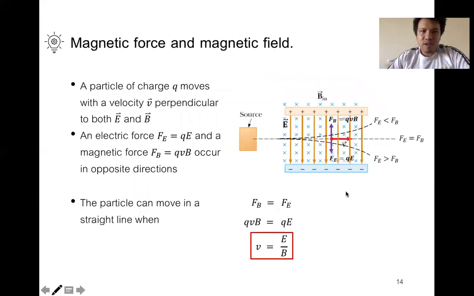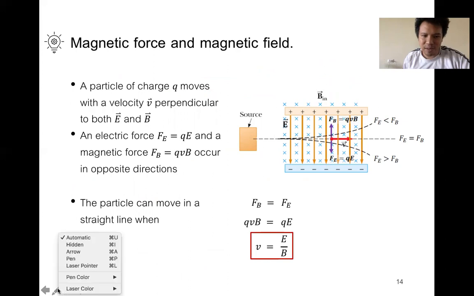So, magnetic force and magnetic field. In this case, we are going to consider a system that has both an electric field and a magnetic field at the same time.